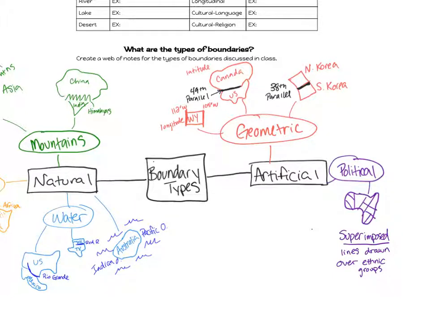Okay, so exactly what I was just talking about, right? Europeans didn't care who lived there before. They just started dividing up all of the land. So they made these lines over the existing groups that were already living there, okay? So that's really all that superimposed means, okay? So make sure you write that down.